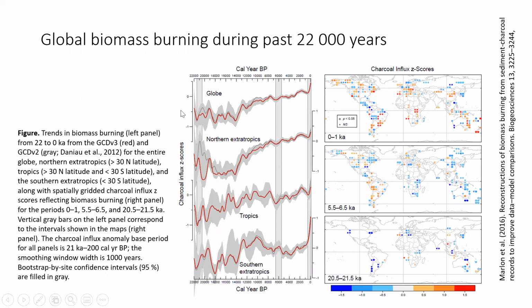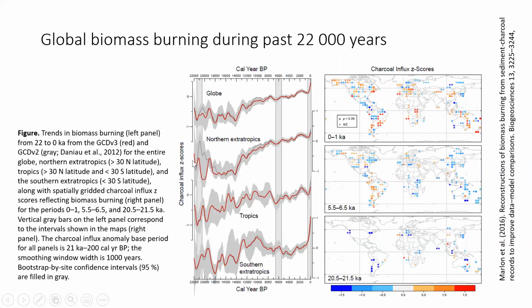So here we can see the increase in biomass burning, this kind of summary curve, also in northern latitudes, in the tropics, and in southern latitudes. And we can see this trend of increasing biomass burning towards modern times.